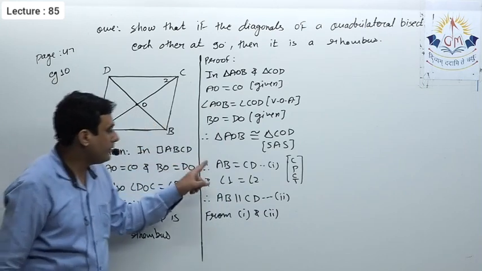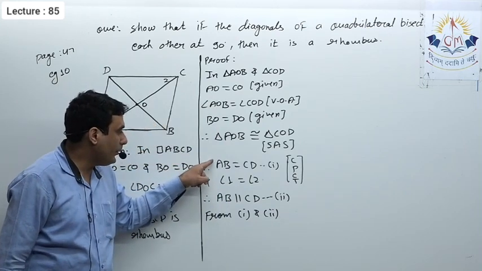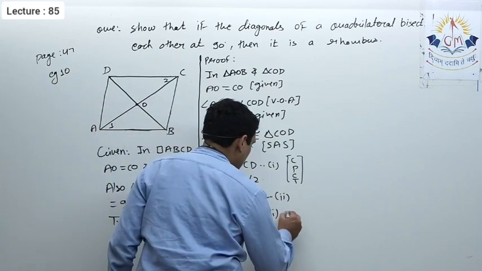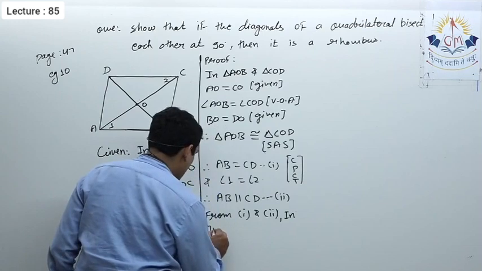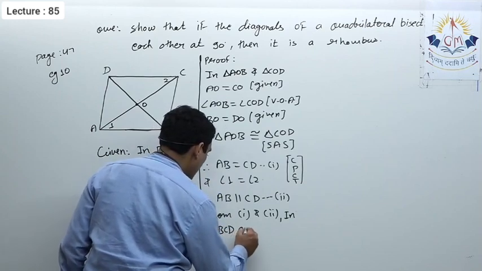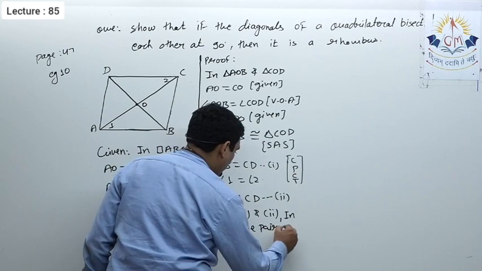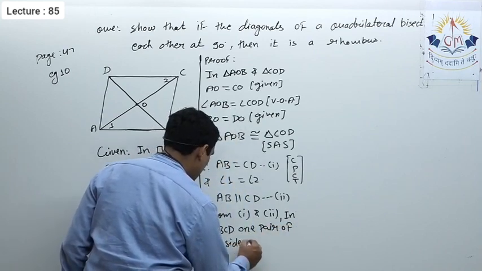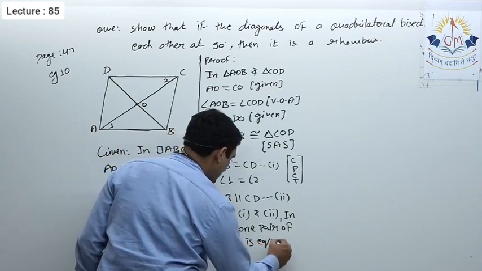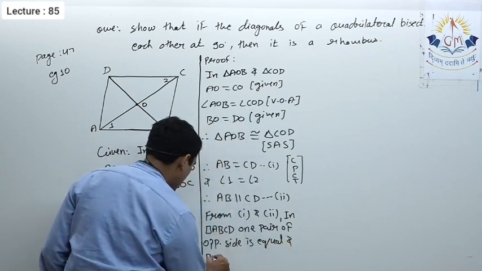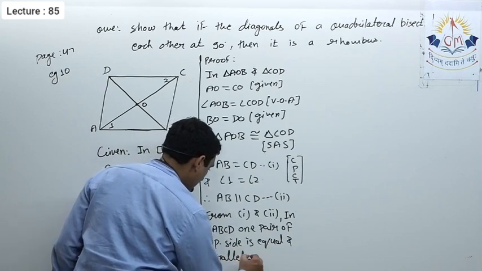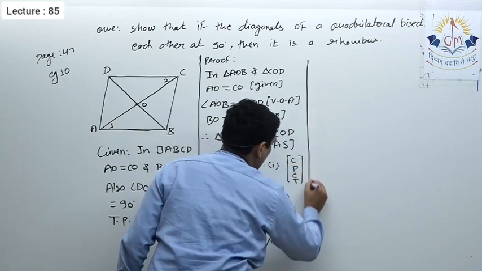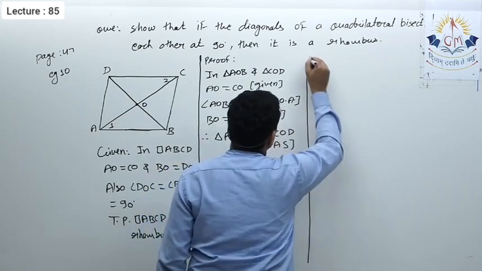From first and second, I can say in quadrilateral ABCD, one pair of opposite sides is equal and parallel. Therefore I can conclude quadrilateral ABCD is a parallelogram.